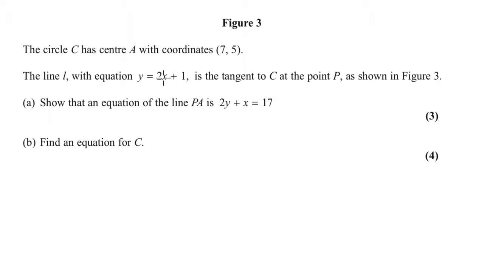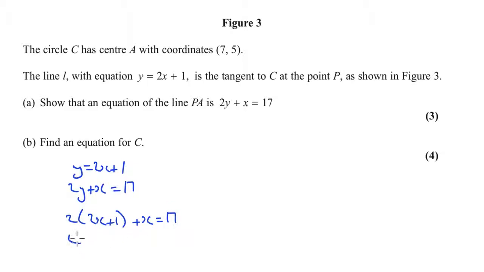P's coordinates will be the point of intersection of these two straight line graphs. So if we solve those two lines simultaneously, y equals 2x plus 1 with 2y plus x equals 17, I can substitute 2x plus 1 for y into the second equation. So 2x plus 1 plus x equals 17, and that's 4x plus 2.